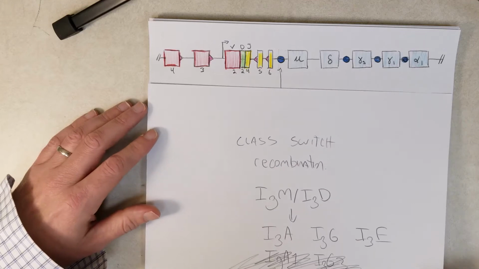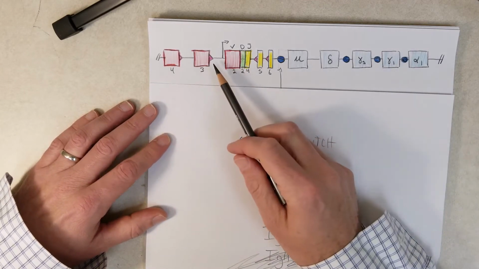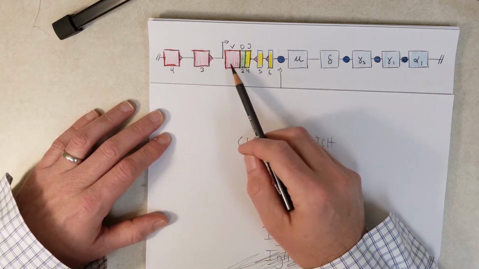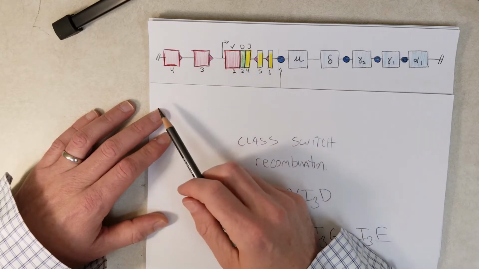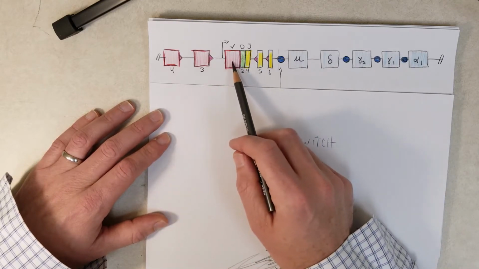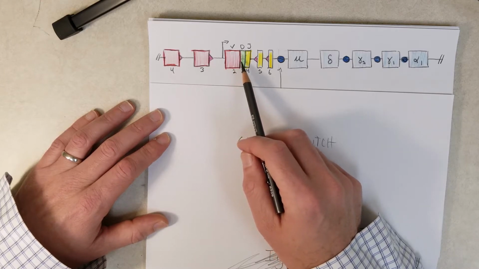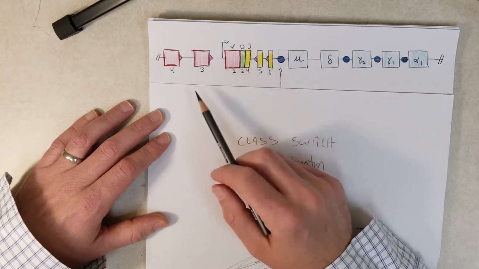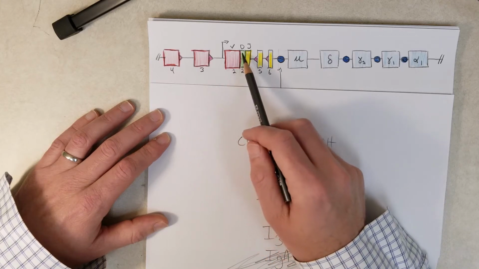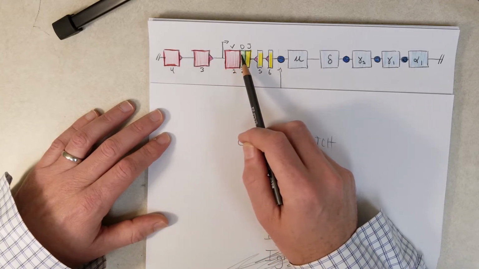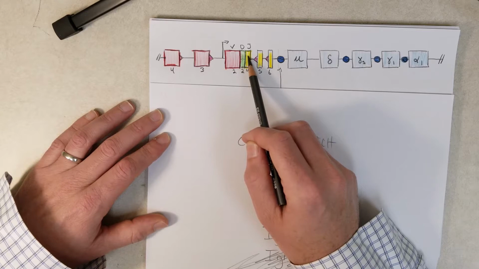So I'm going to start with a diagram that's very similar to diagrams I've used in previous videos. And this is a diagram of an IgH locus that has already undergone VDJ recombination. So we have a V segment joined to a D segment joined to a J segment.